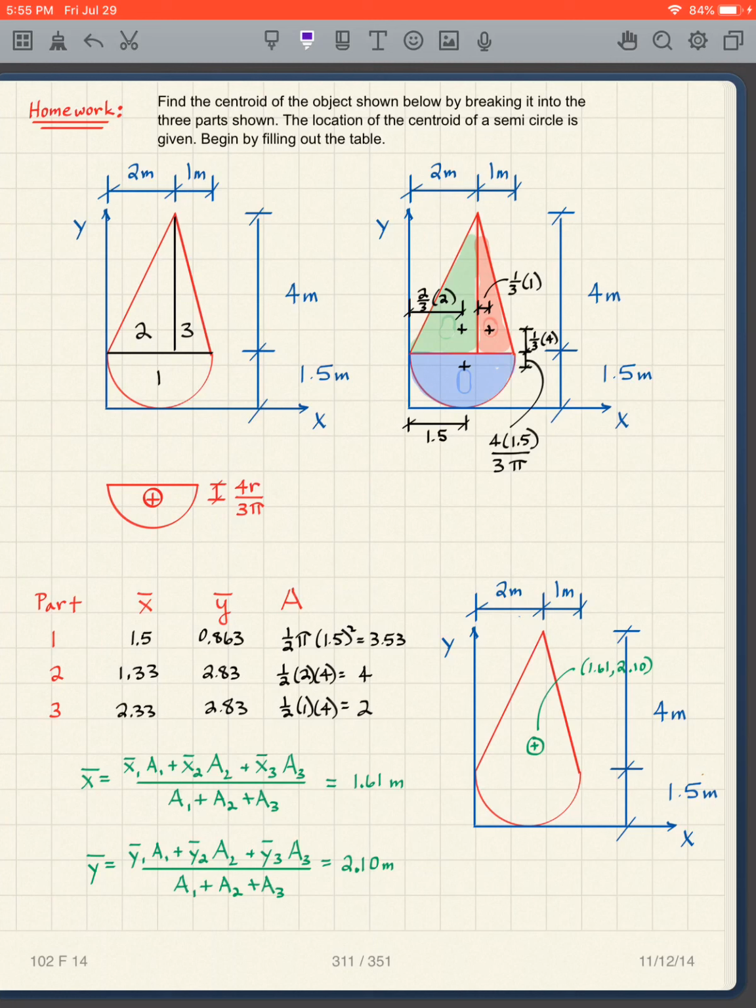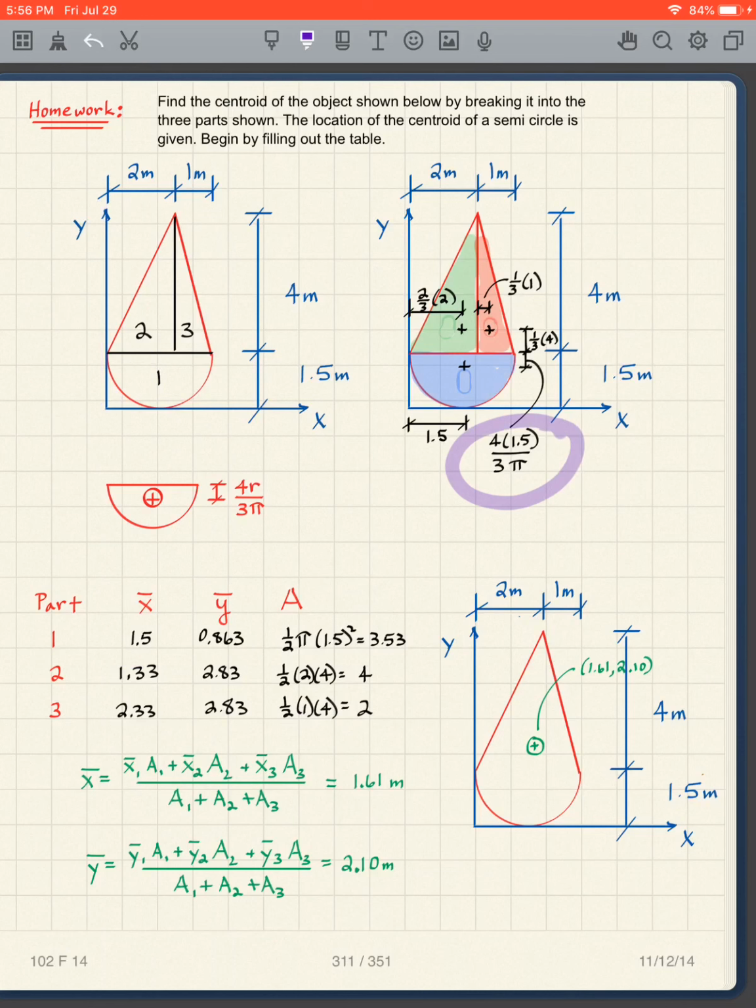All right, so I fill out the table. Area 1 is the semicircle. This whole distance is 3, so the x bar to the centroid there is 1.5. We've set up our coordinate system such that the origin is down here, and then how do I figure out my y bar?